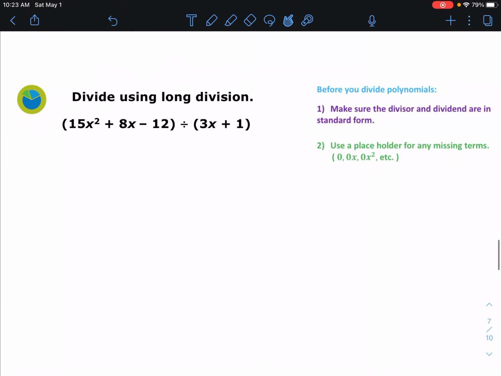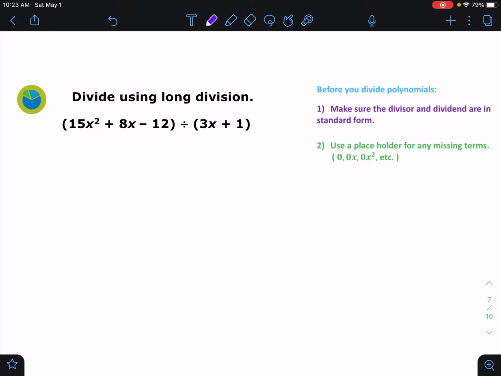Okay. So, long division, 15x squared plus 8x minus 12 divided by 3x plus 1. Now, both of these you can see are in standard form, and this has degree 2, 1, 0. There are no missing terms. I've got an x squared, an x, and then a constant. And same thing with the other one, so we're good.